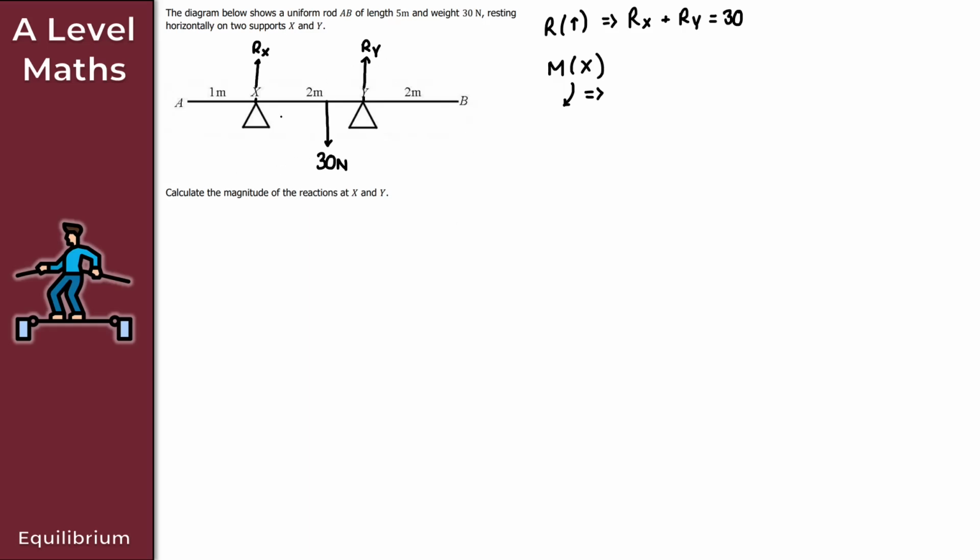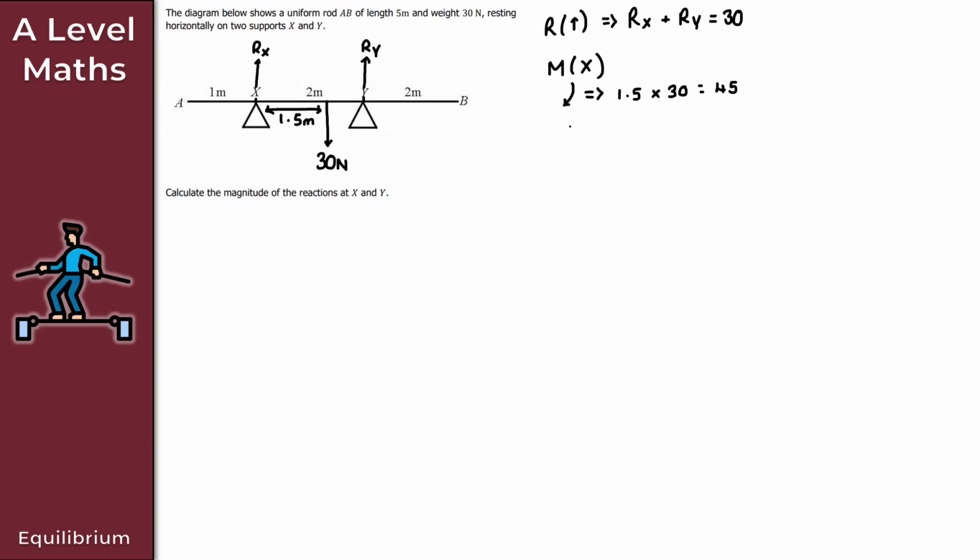So the perpendicular distance here, that's this distance here, would simply be 1.5 meters here, like so. I've got 1.5 times by the magnitude of the force, which is 30. If we evaluate that, we get 45. So that's the clockwise moment here.